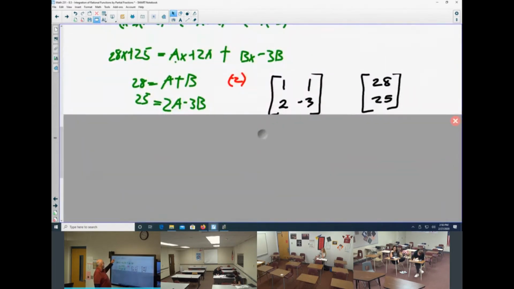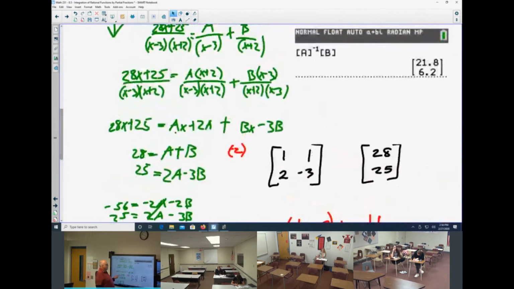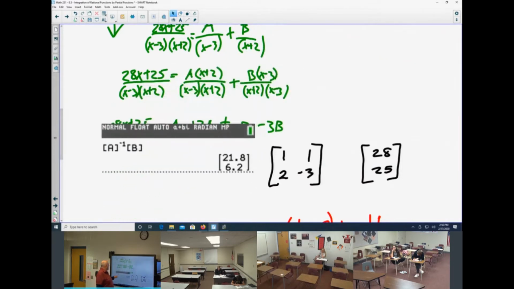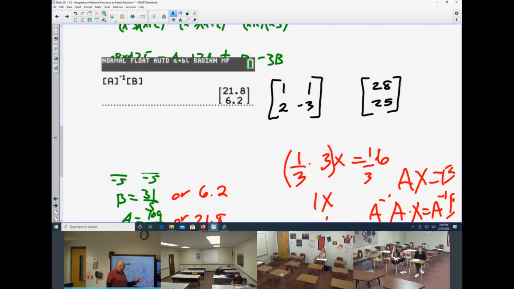All right, so now, when you've got that worked out, okay, so by the way, this is showing you, I had somebody ask me, why do you type in A inverse B? Well, it's just like when you're solving a linear equation, like if I had 3x equals 6, then what I would do is divide each side by 3 or multiply by 1/3.